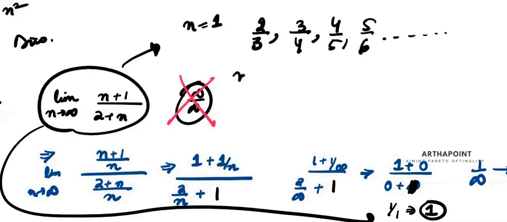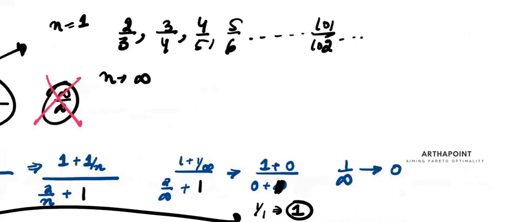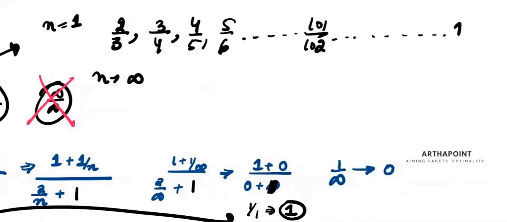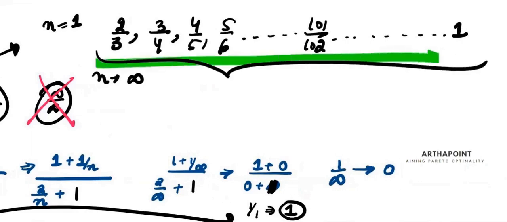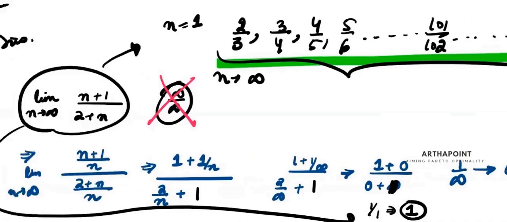Even if you put something very, very large, if you put 100, you will get 101 by 102 and so on. Slowly, slowly, you will go towards 1. Even when n goes very, very large, the entire sequence will converge towards 1. This is the concept. This is the convergent sequence.